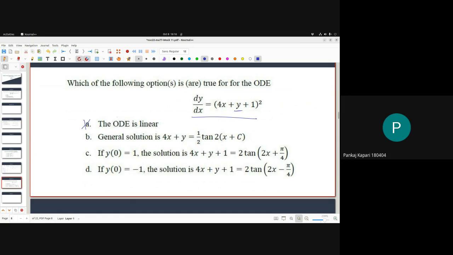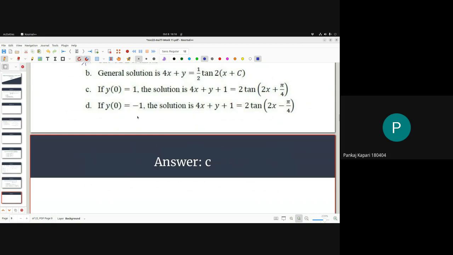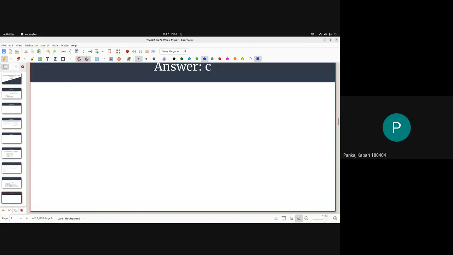And let's try to solve this equation. So here we have dy by dx is equal to 4x plus y plus 1 whole square. Okay, so what we will do, we just take this 4x plus y plus 1 as some dependent variable w.